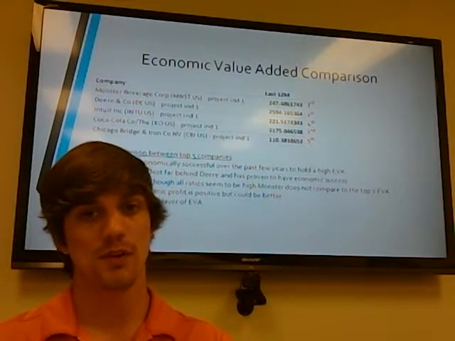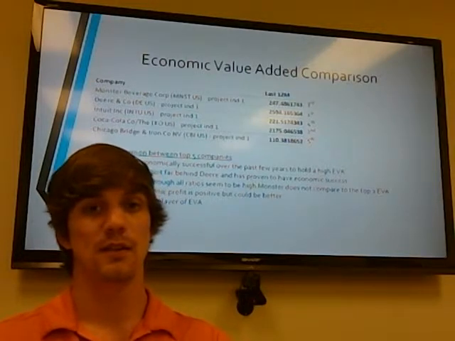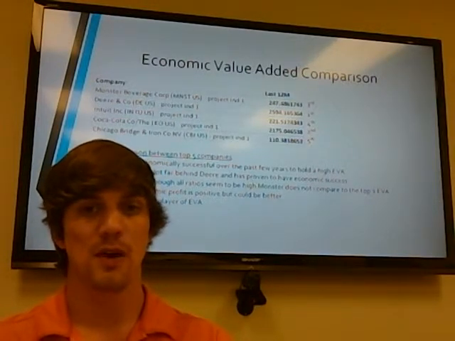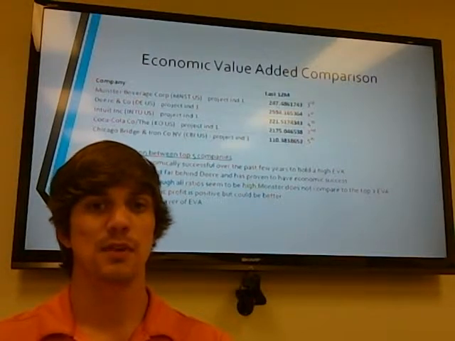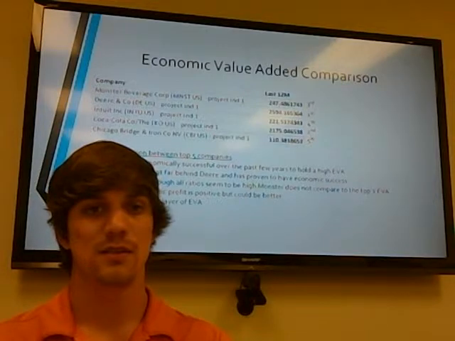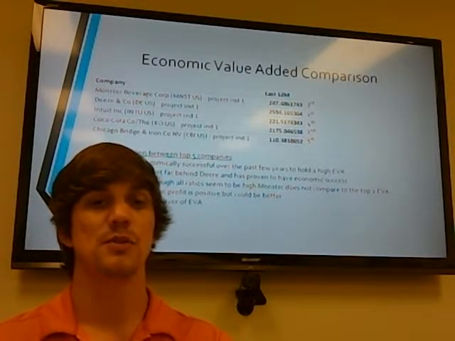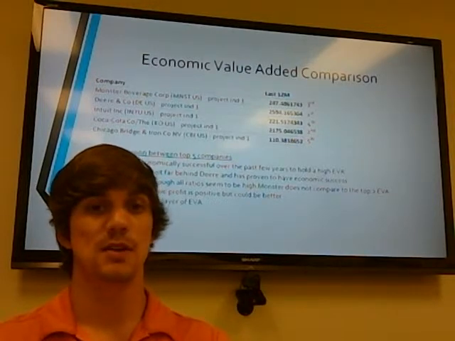No, I did not sort them, I'm sorry, but I did put ranking numbers next to the numbers for you. So as you can see, Deere and Company came in first. Coca-Cola was second. Monster Beverage was third. Intuit was fourth, and CB&I was fifth.